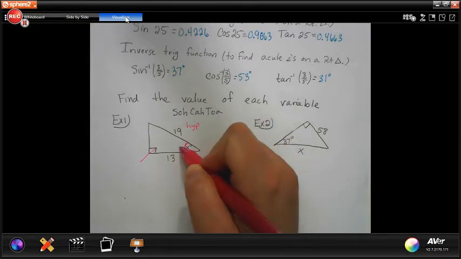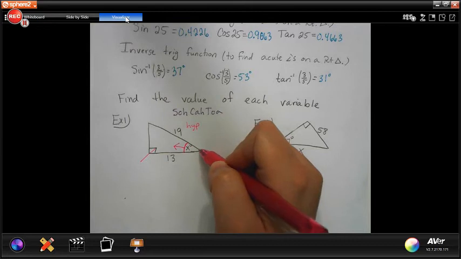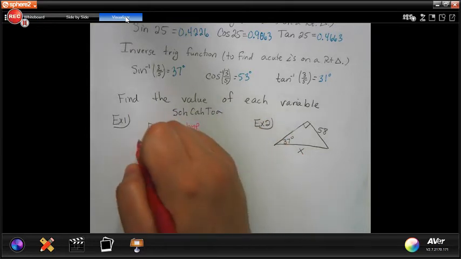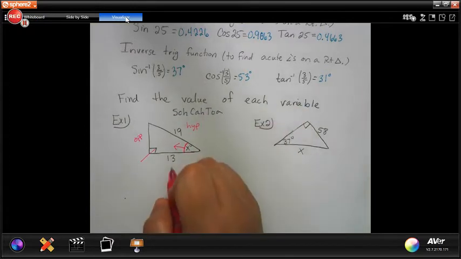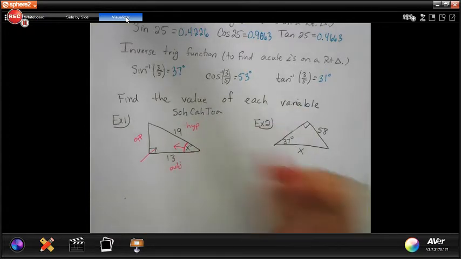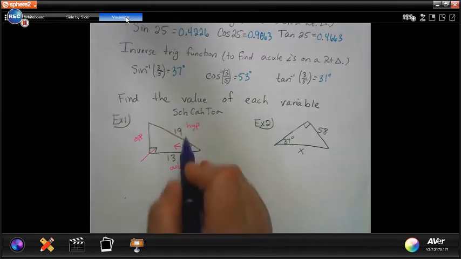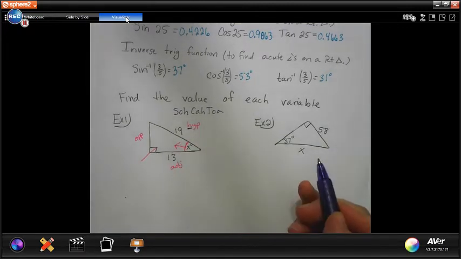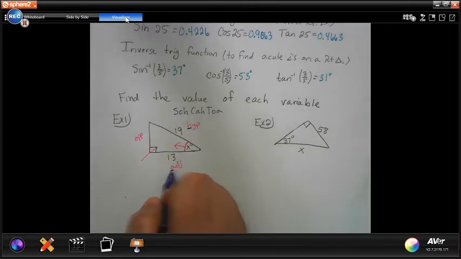Opposite is across the street. So if you're standing here and you're looking across the street, you're looking at this side. This side is opposite. That means this side is your adjacent. Okay. So doing this problem, we have an H for hypotenuse and an A for adjacent.